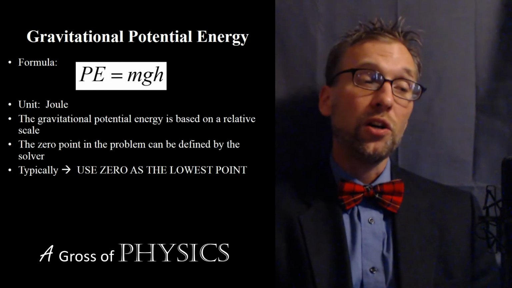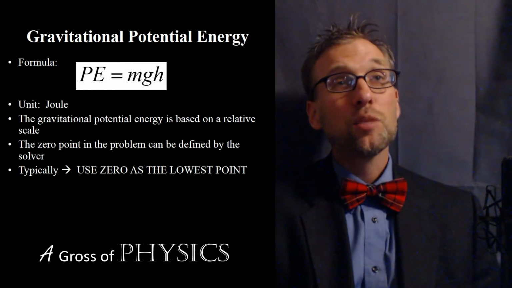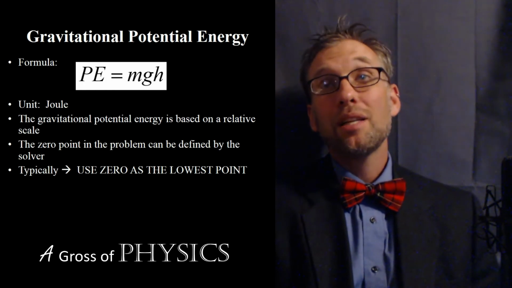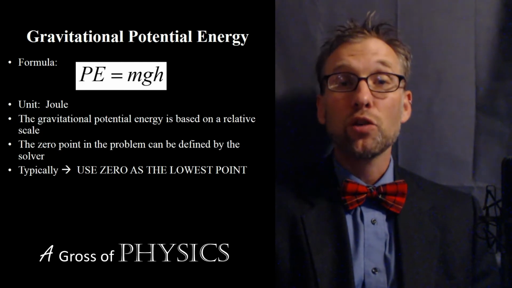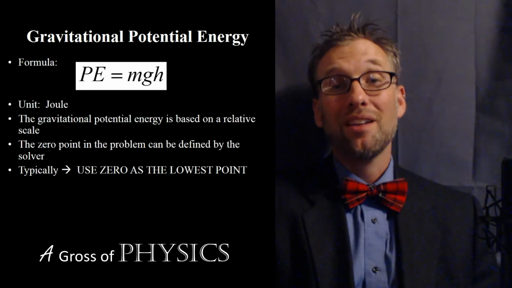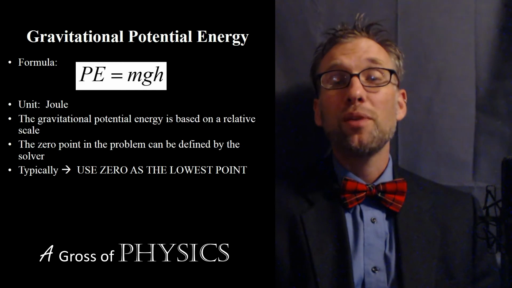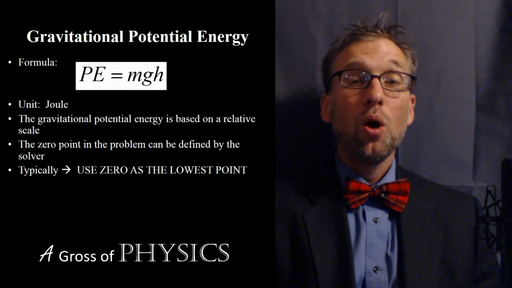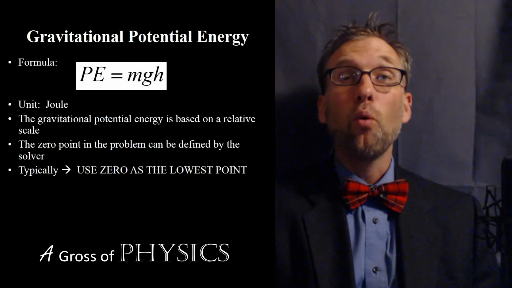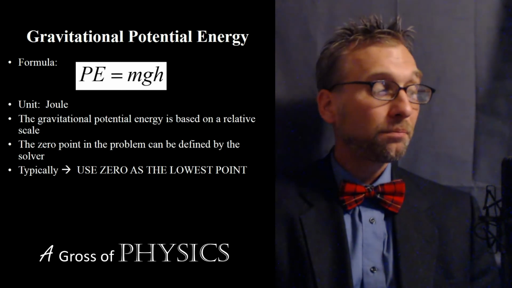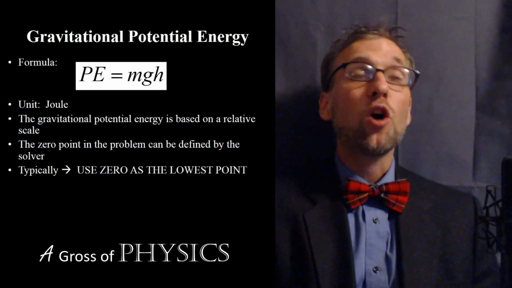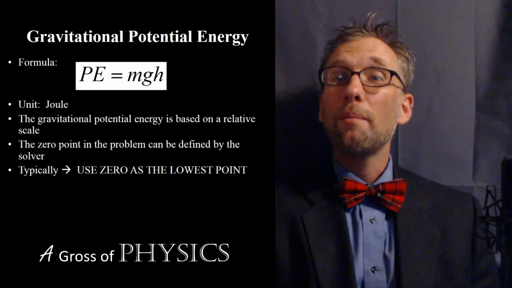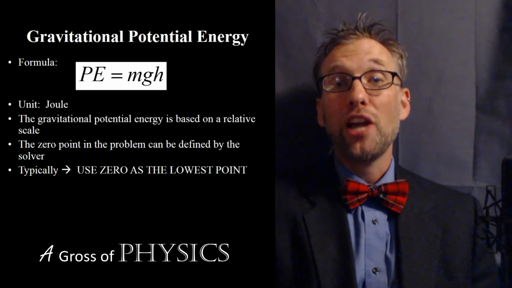So here's what we're going to do. We're going to take a specific point in a problem, typically the bottom, and call that our 0 point. And then the height will be based on that. So for many problems, it will be the ground or the table, or in some instances, the low point of a pendulum swing. So 0 is arbitrary in the problem, but what matters is how much it's changed.